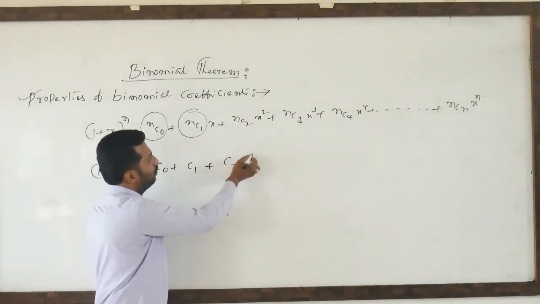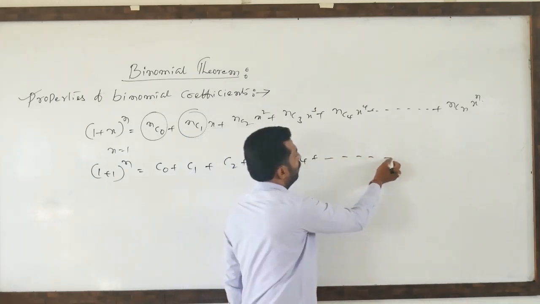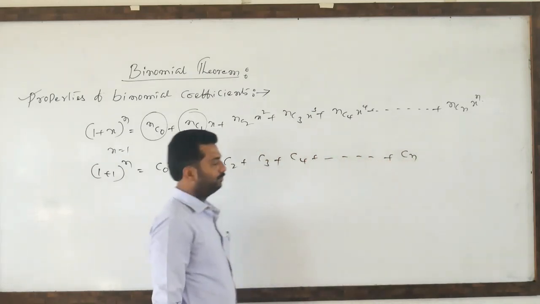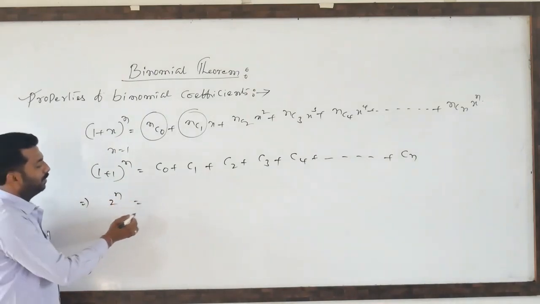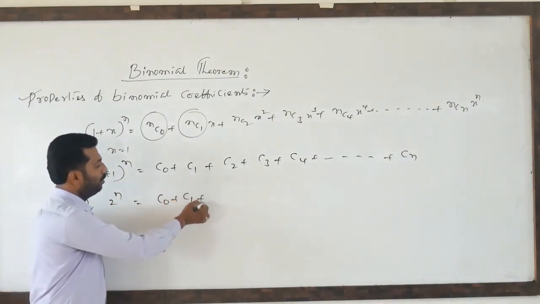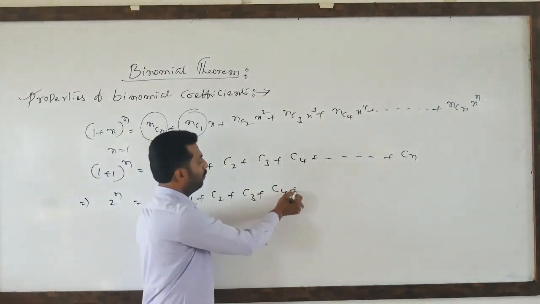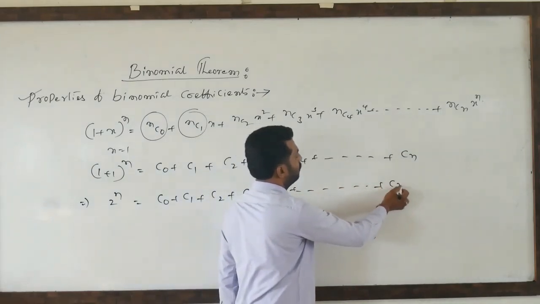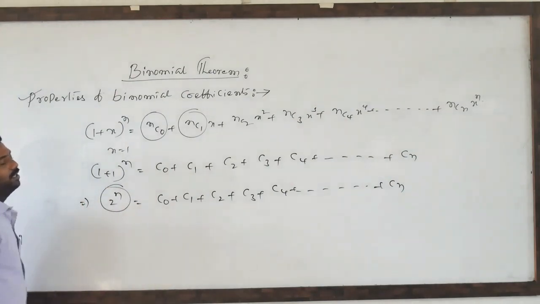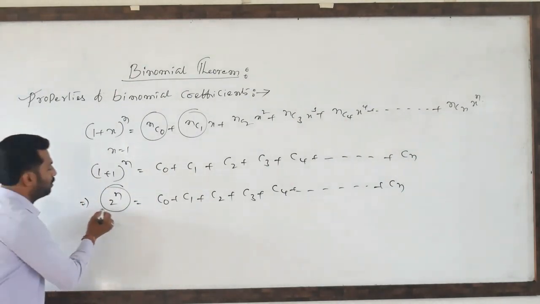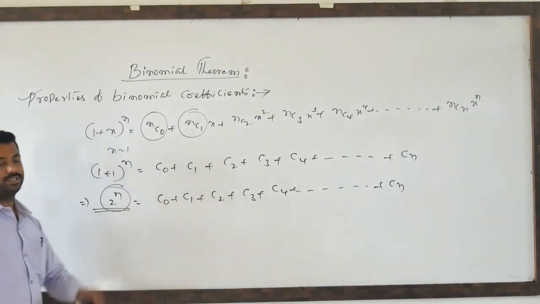This is C2, that is C3, that is C4. Last one is Cn. So very clear. This is 2^n equals C0 plus C1 plus C2 plus C3 plus C4 and so on plus Cn. Meaning the sum of all the binomial coefficients is 2^n. So this is the most important result you should remember.